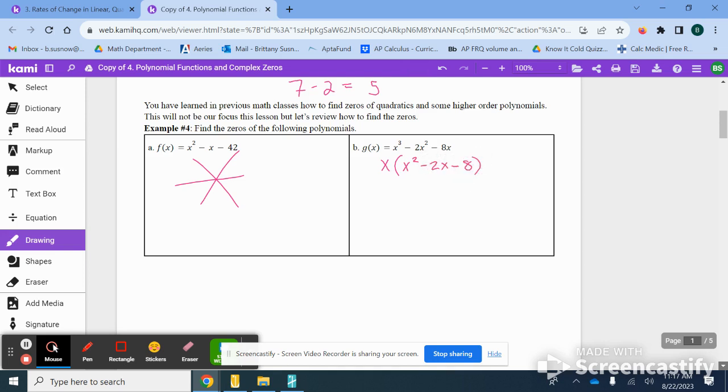That's what happened. You see that? Now we can go into our star method or box method. This is star method. A times C, so 1 times -8, -2 on bottom, x and x.